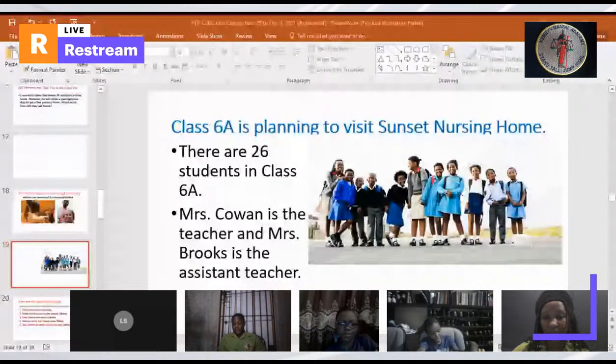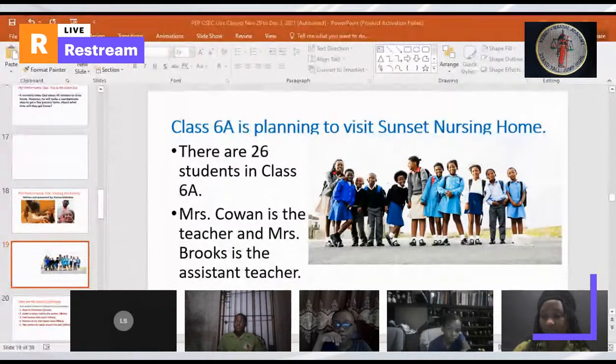Yes, miss, I have a family member that helps with elderly people. So you have a family member who works with the elderly. Yes, she takes care of them.